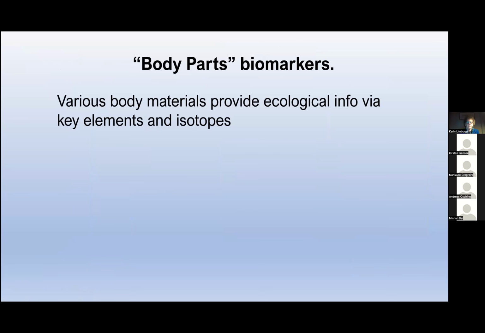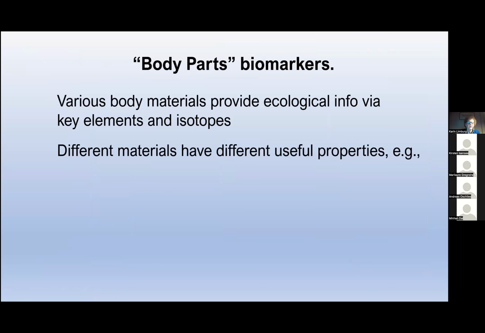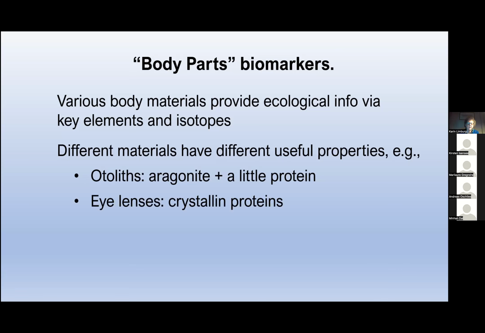So with this biomarkers part, we're taking advantage of the fact that body materials provide a lot of ecological information through looking at trace elements and isotopes of various sorts. And different materials have different useful properties. One of the things I look at a lot are ear stones or otoliths of fish. They're made of aragonite, that's calcium carbonate with a little bit of protein.